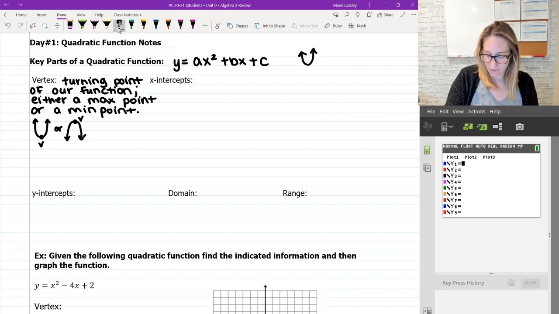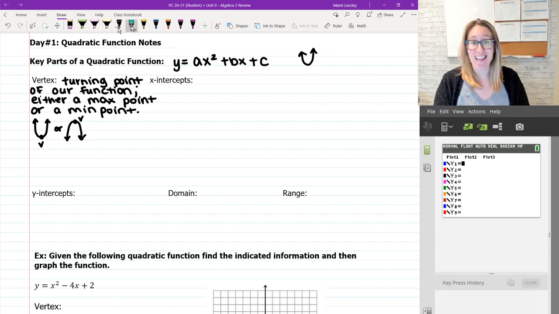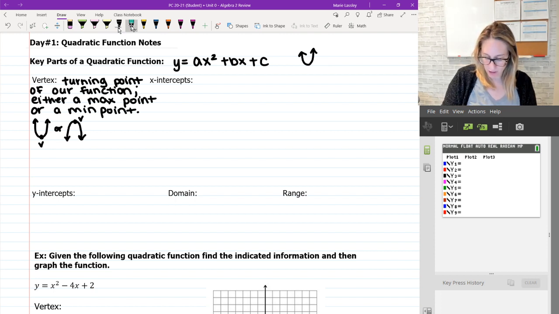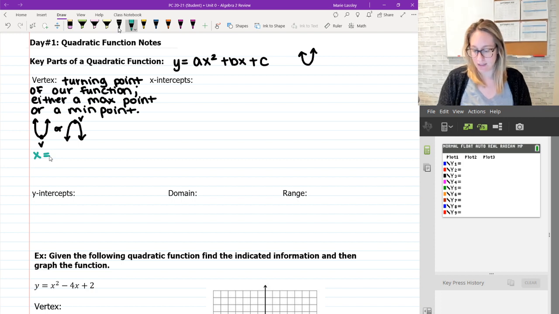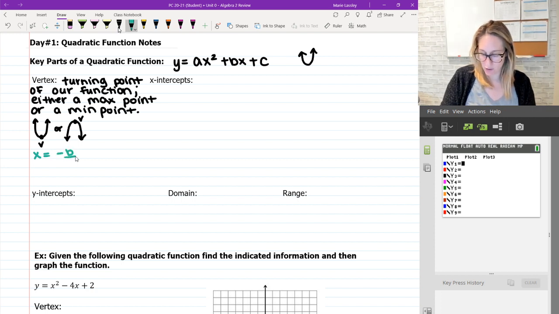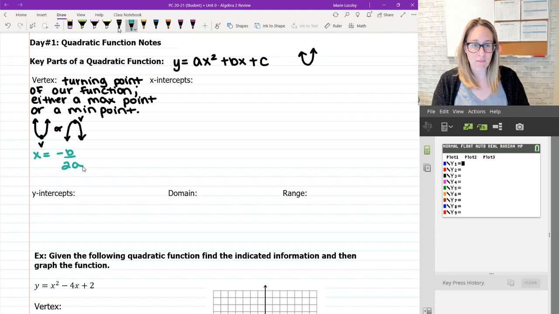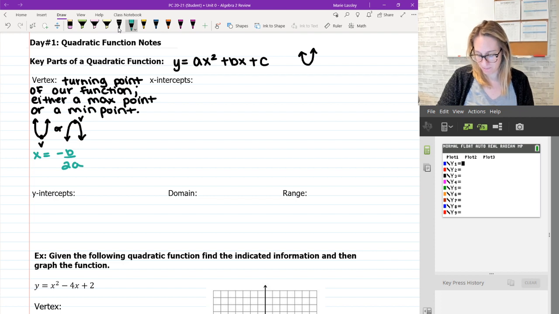All right, so the first thing you have to do is find the x value of your function, right? To find your x, it is x equals negative b over 2a. All right, that's going to give you the x value of your vertex. This is also what we call the line of symmetry.